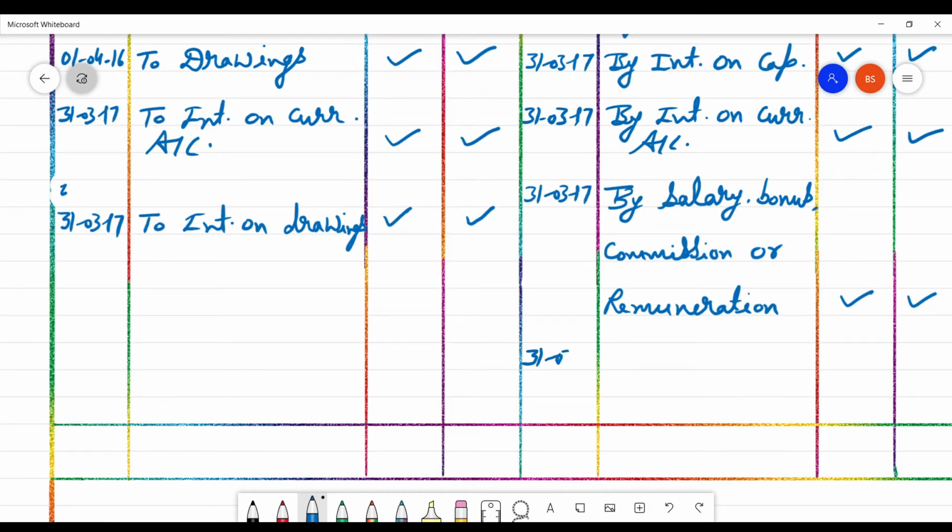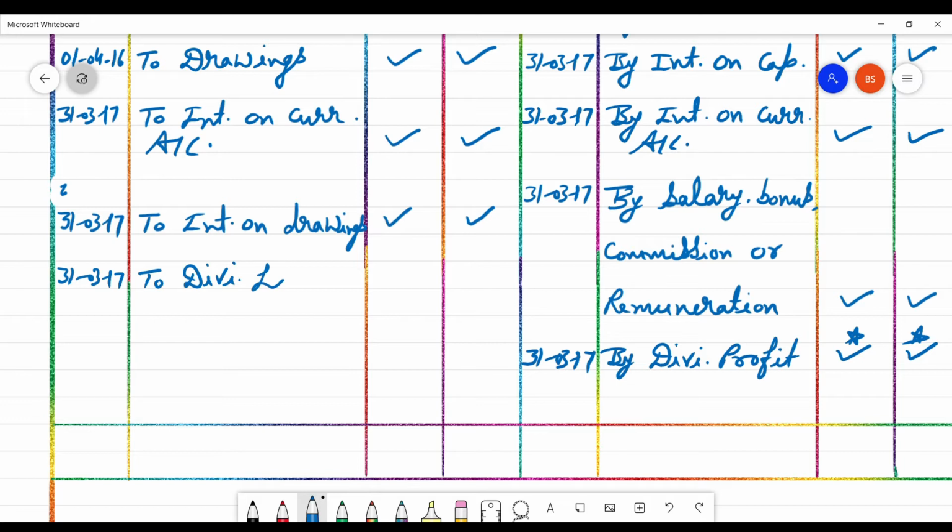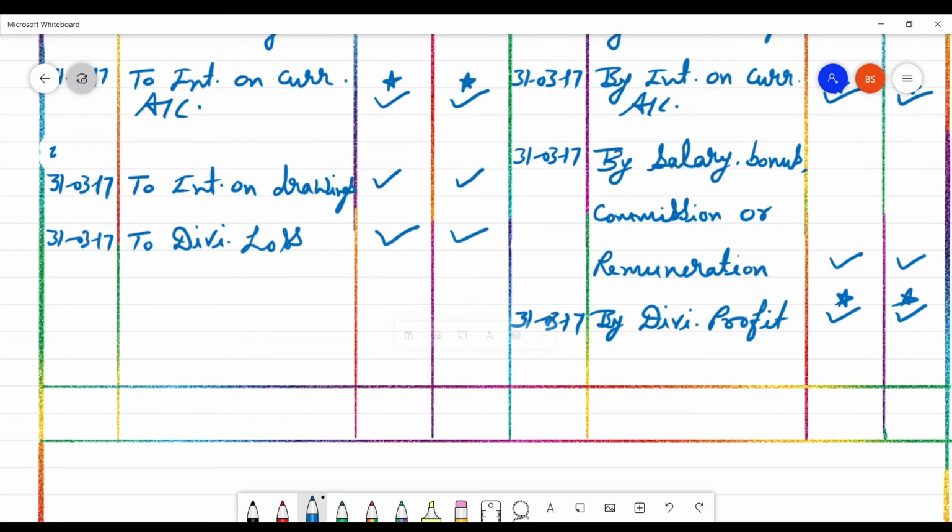Then in the credit side we will write by divisible profit and in the left side, debit side, we will write to divisible loss. So here also we will put star. Okay, then we will make the total.